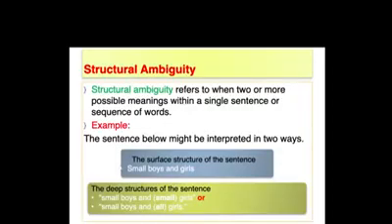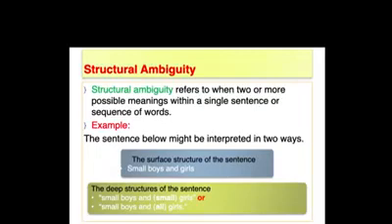We have coordination between boys and girls, and we have small as an adjective. With this coordination, we either understand it to mean small boys and small girls, since we have coordination, or we might say small boys and all girls.